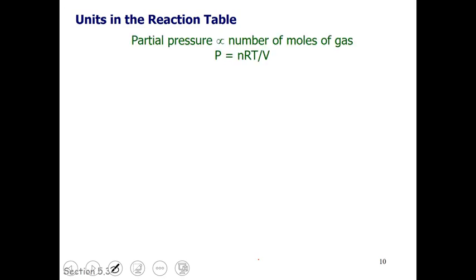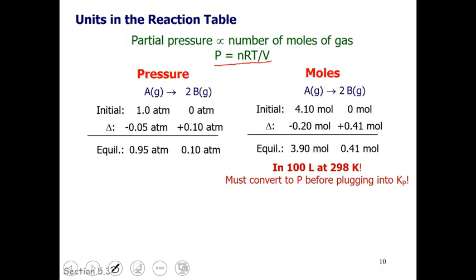The same theory works when we are working with partial pressure, which is proportional to the number of moles of gas. I'm sure you remember that PV equals nRT, which means that the pressure of a gas is directly proportional to the moles of the gas times RT divided by V. So, back to my simplistic example. If you are given your initial concentration in units of pressure of, say, 1 atmosphere, you would work your delta and your equilibrium also in units of atmosphere, keeping in mind the stoichiometry is 1 to 2.